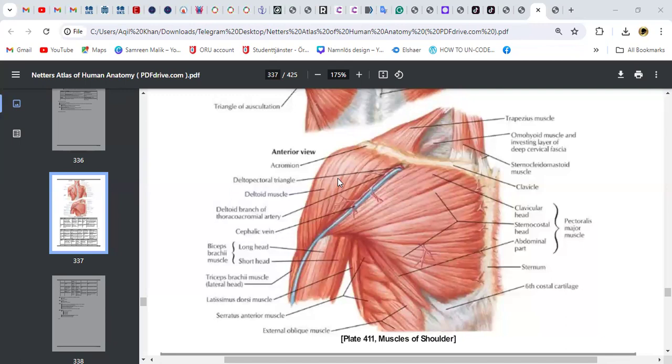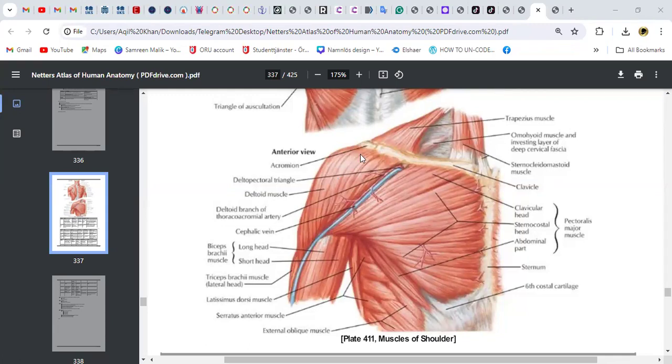What's the action of the deltoid? Very interesting. The acromial part of the deltoid flexes and medially rotates the arm. And the spinal part helps in extension and lateral rotation of the arm.